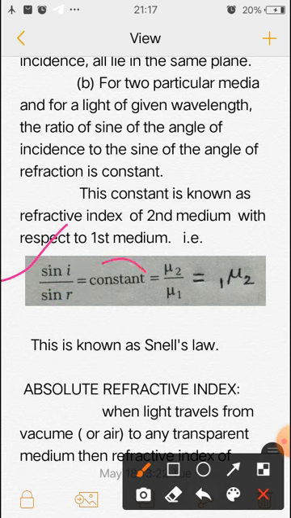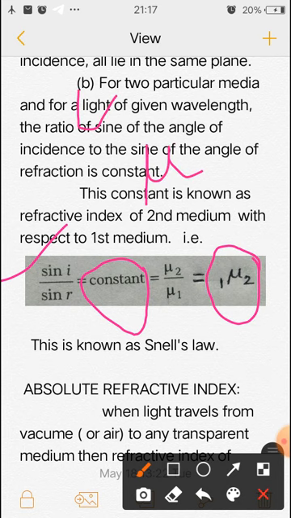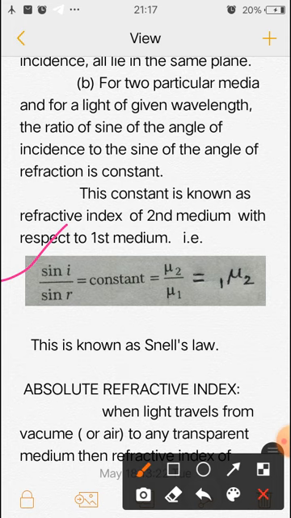And this constant is termed the refractive index. It is denoted as mu, a Greek letter. And this mu is symbolized as 1mu2.